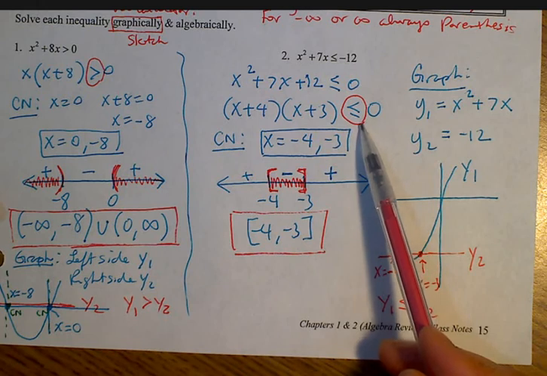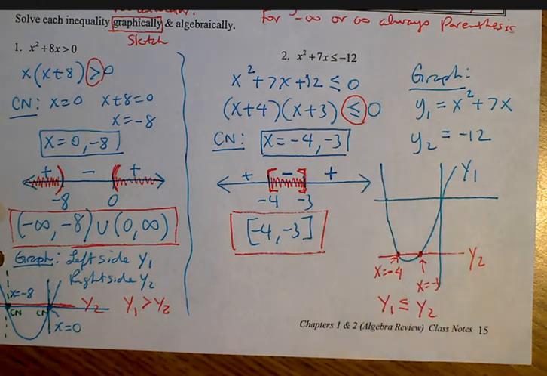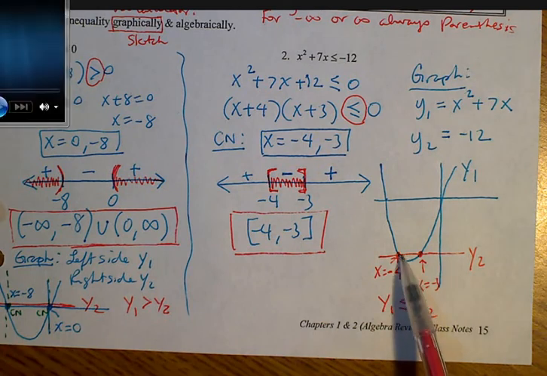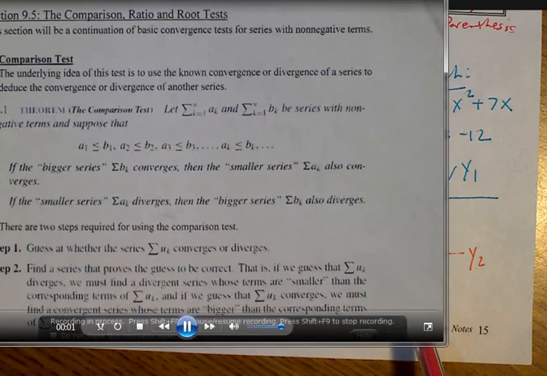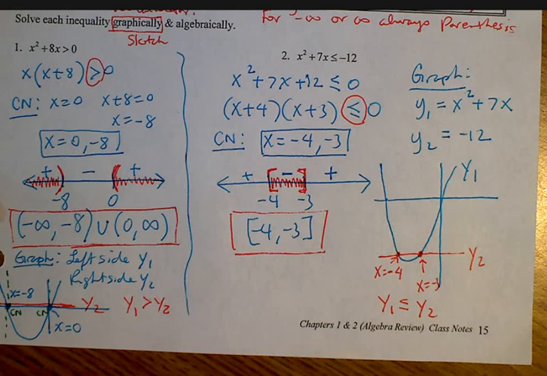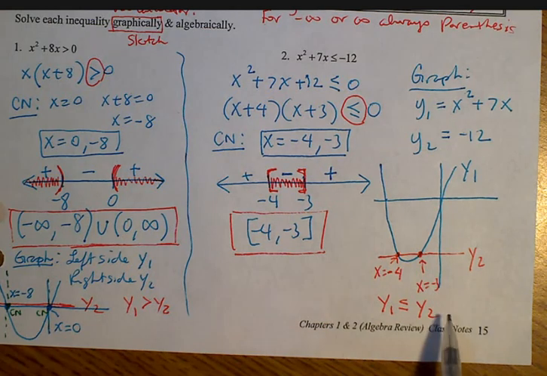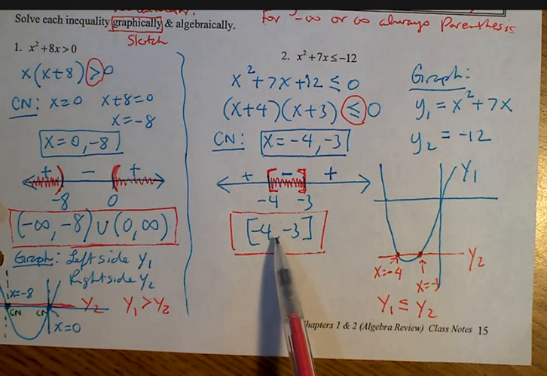Where is the blue less than or equal to 0? That would be in this particular region right here. This is section 9.5, and we'll be continuing. So that would be the graph for it, and that just justifies what I have right here.